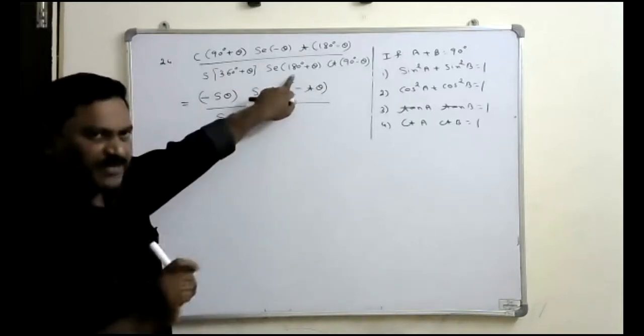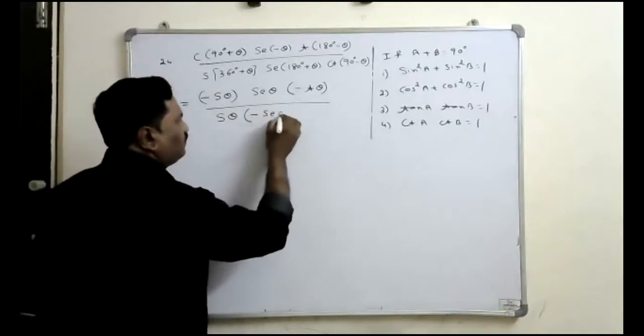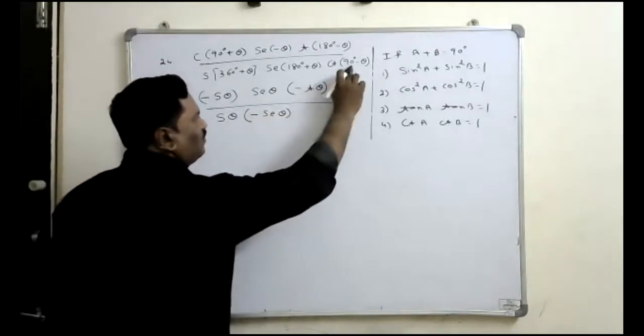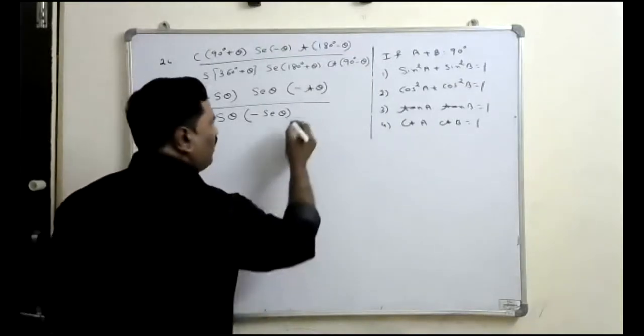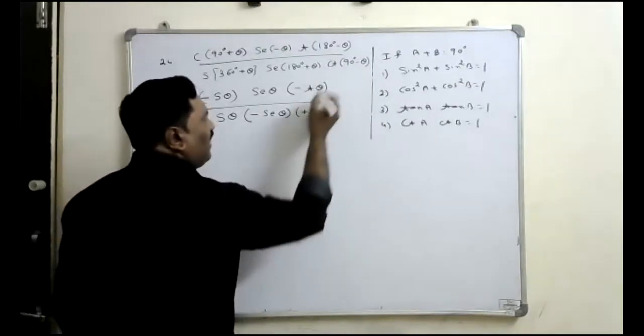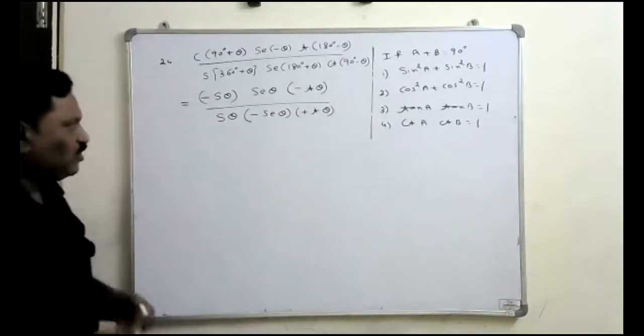The quadrant angle is 180, so the function does not change; secant becomes secant only. And 90 minus theta is an angle of the first quadrant, where cot is positive. With 90, cot changes to tan, so it becomes tan theta.